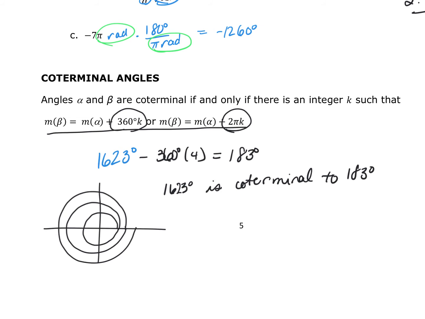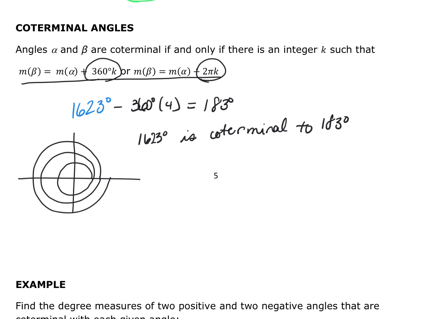Now, if I would have chosen 5 rotations, I'm going to subtract off 5 rotations. So again, I'm going to take 1623 minus 5 times 360, and I get negative 177 degrees.